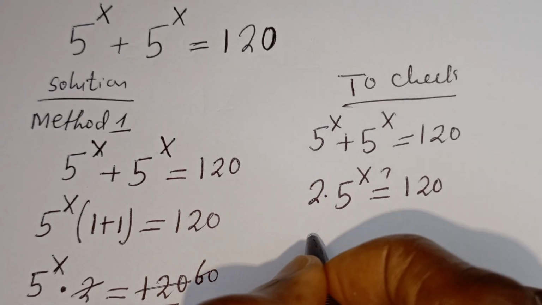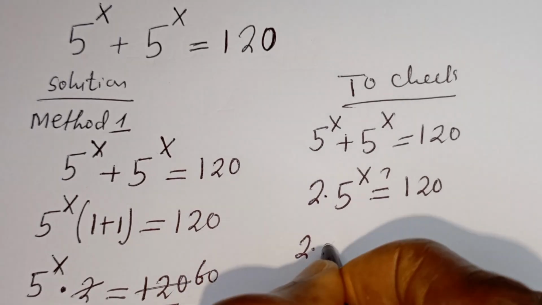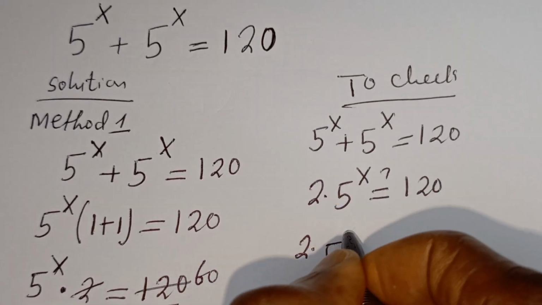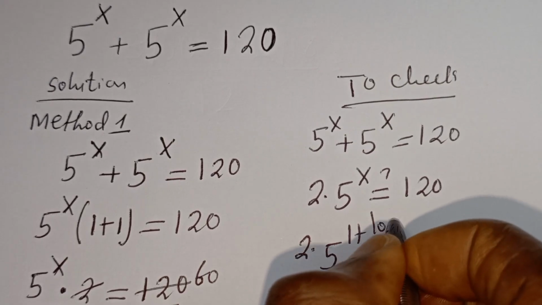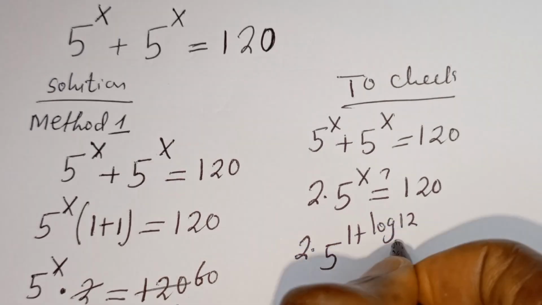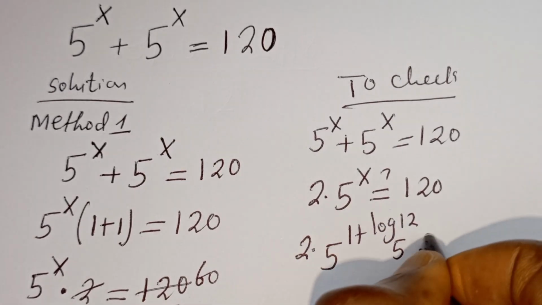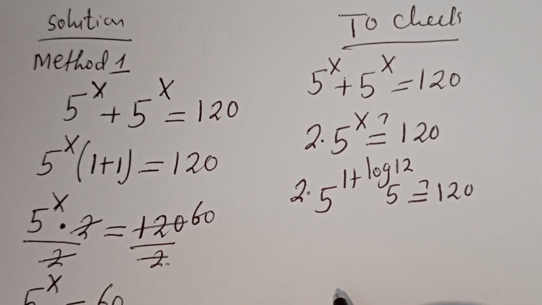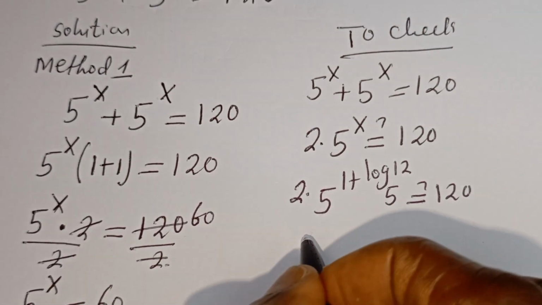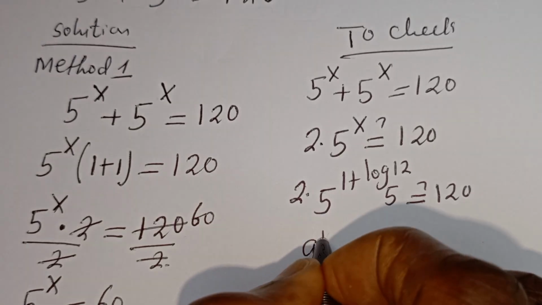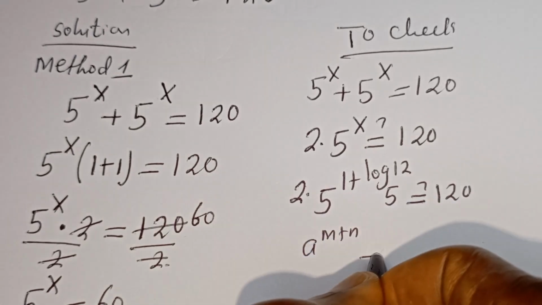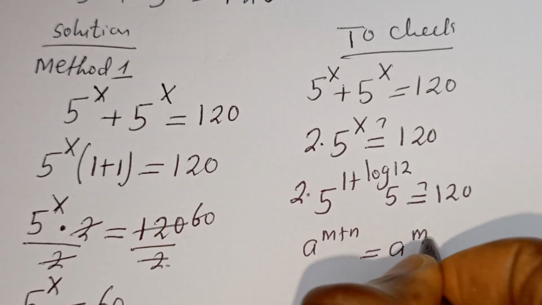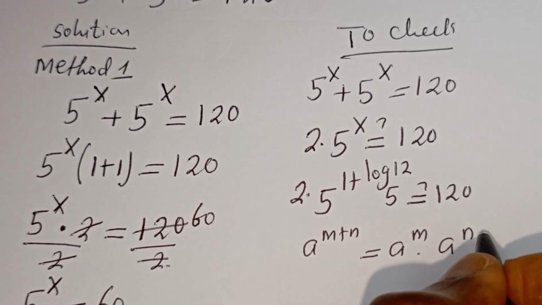Then we have 2 multiplied by 5 to the power of 1 plus log 12 base 5 must be equal to 120. Take note of this, that if you have a to the power of m plus n, this is equal to a to the power of m multiplied by a to the power of n.